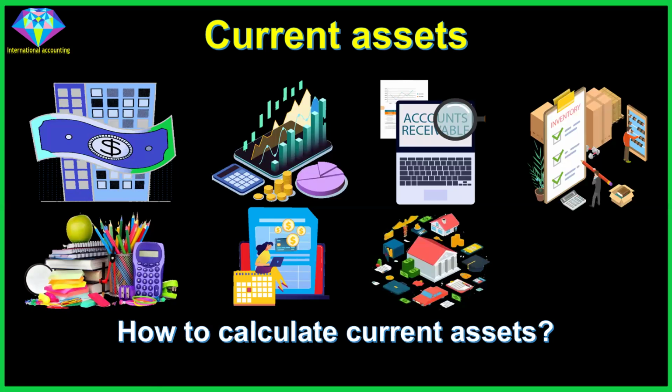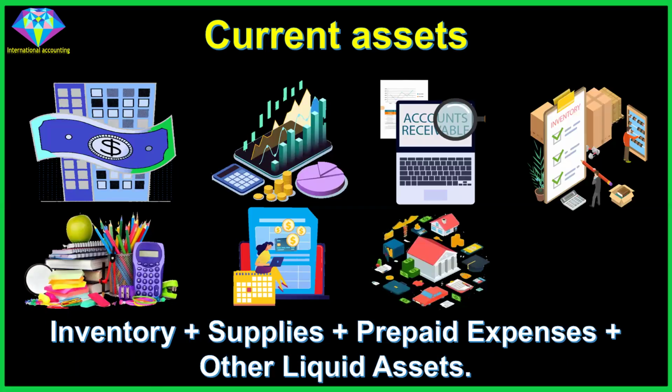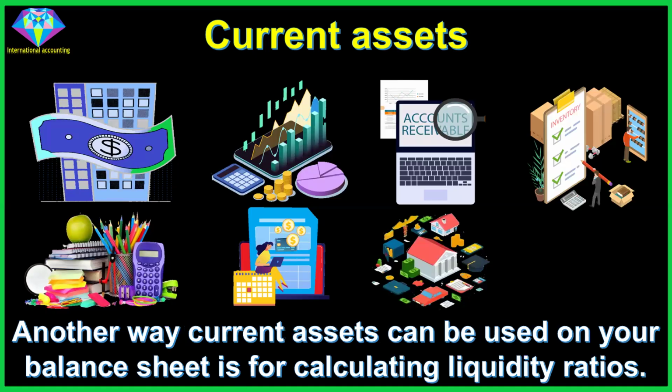How to calculate current assets? Current assets equals cash plus cash equivalents plus marketable securities plus accounts receivable plus inventory plus supplies plus prepaid expenses plus other liquid assets. How to use current assets on the balance sheet?